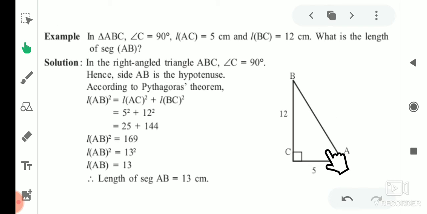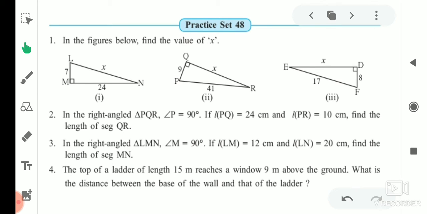So by applying the Pythagoras theorem, AB square will be equal to AC square plus CB square, that is 5 square plus 12 square, that is 25 plus 144, 169. That is 13 square. So AB square will be equal to 13 square. Here the squares will cancel out, and length of AB will be 13 centimeter.